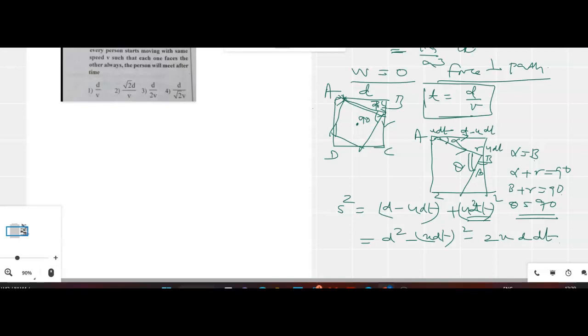So this is the distance square after time delta t. Then we write s square is equal to d square, we take out, then we have 1 minus 2u by d into dt.